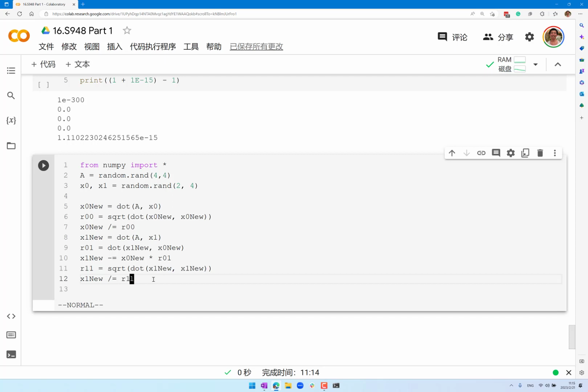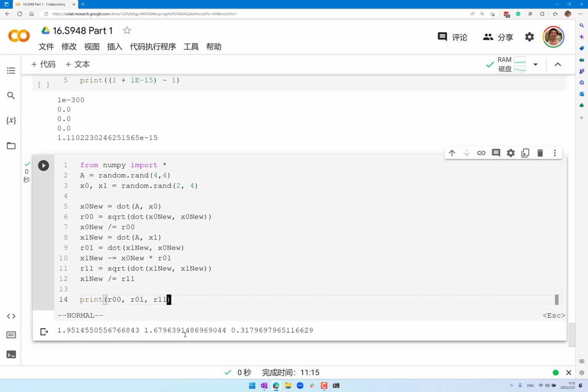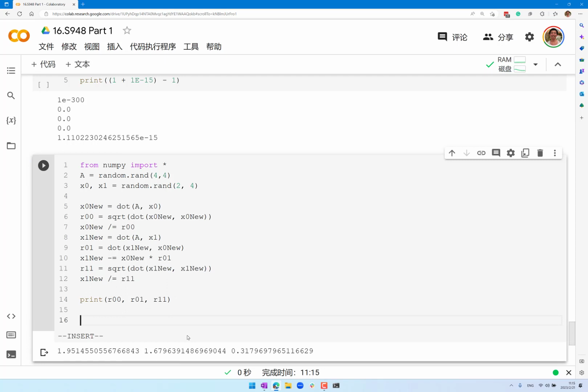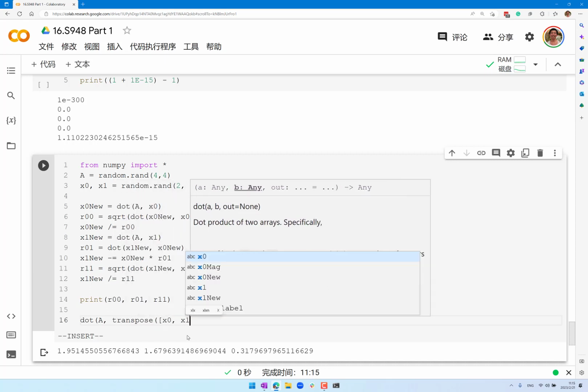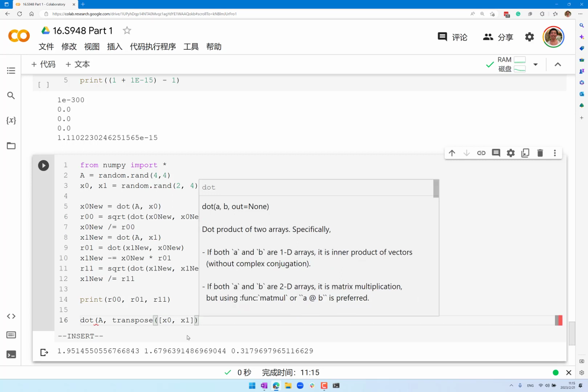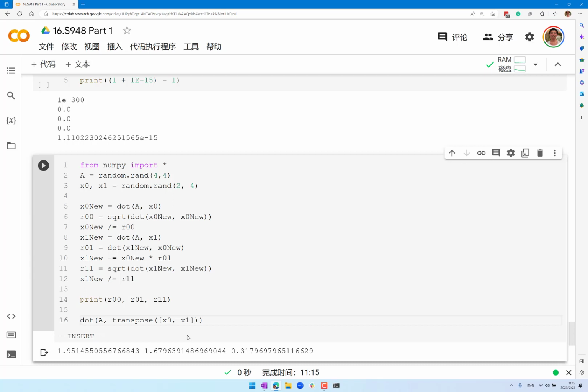So if you print out these three numbers, R00, R01, and R11, we get the following. And we can do the equivalent thing by computing the dot product between A and x0 and x1, transposed so that we get a 4x2 matrix, and compute the QR factorization, using linalg.qr of the matrix.